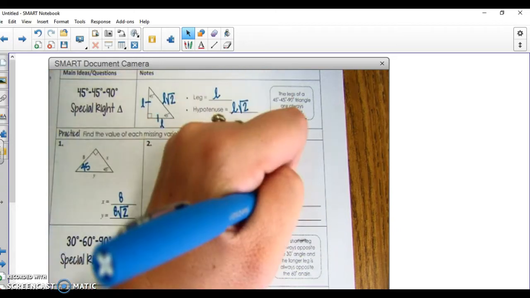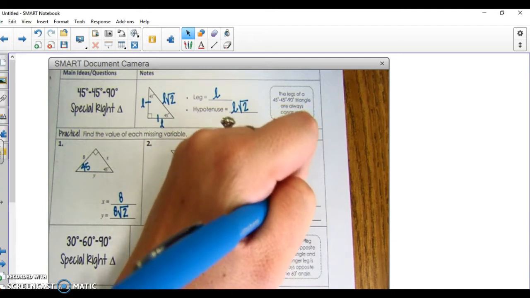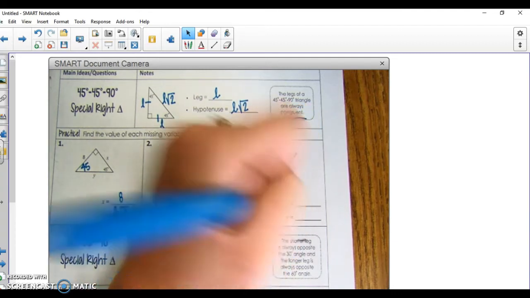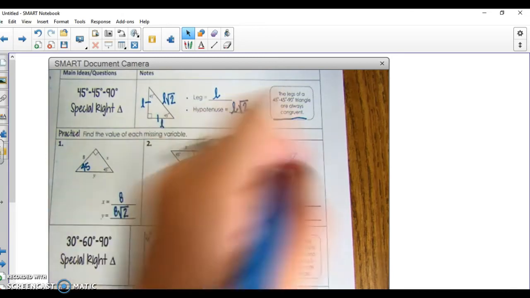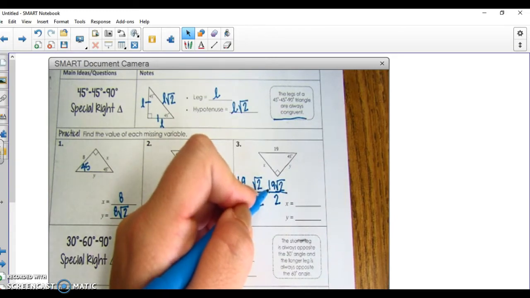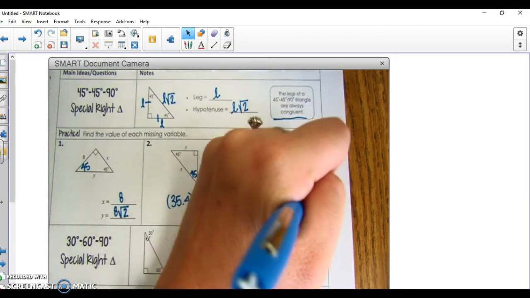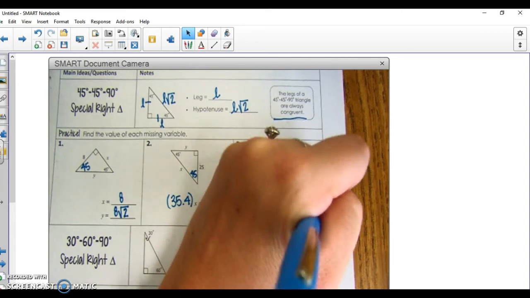So we have 2. So this is going to be 19 times the square root of 2 over 2. And that is actually going to be our answer. So we can write 19 times the square root of 2 divided by 2, or we could also write it as 13.4.